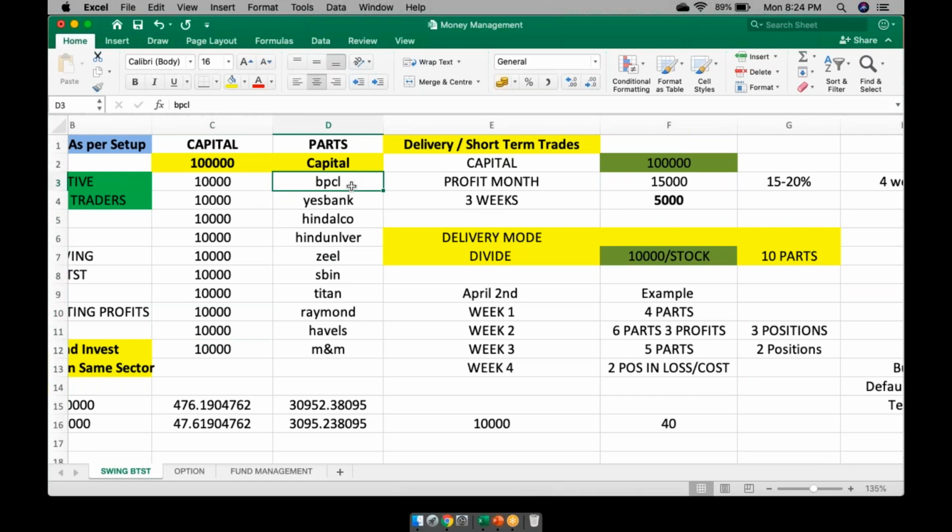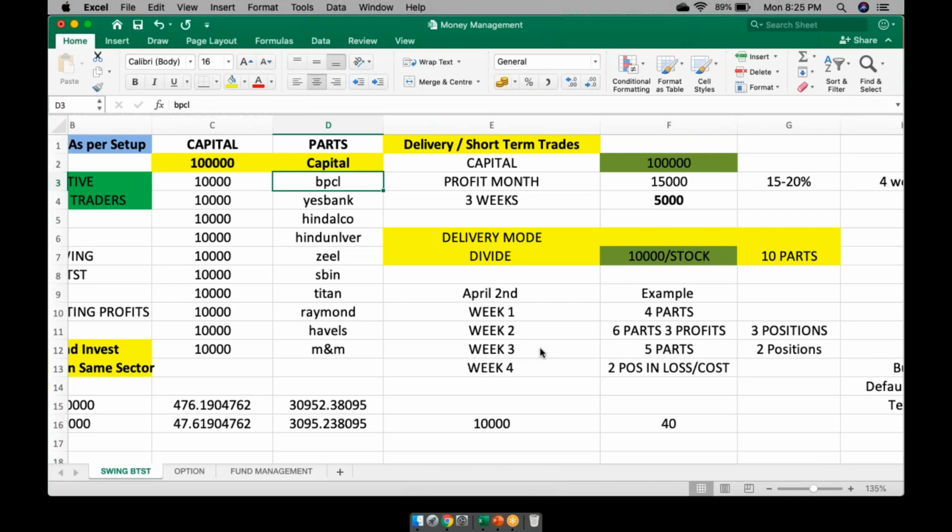And BPCL, Yes Bank. What is BPCL? Which industry does it belong to? Petroleum. And Yes Bank, it's a private sector bank. And Hindalco, it belongs to steel, FMCG, Zee Entertainment, public sector bank, Titan.